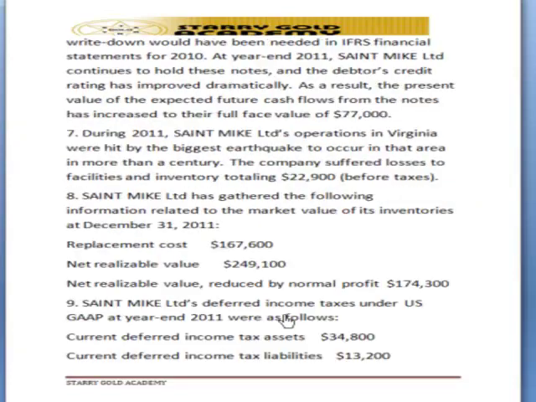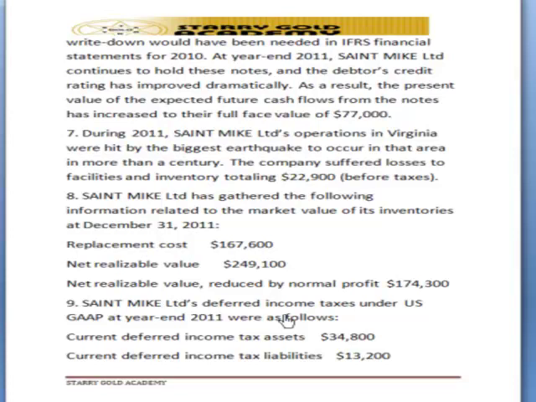Note or item 6. Item 7, during 2011, St. Mike Limited operation in Virginia was hit by the biggest earthquake to occur in that area in more than a century.